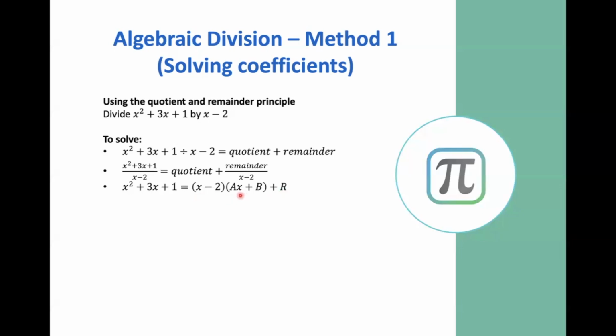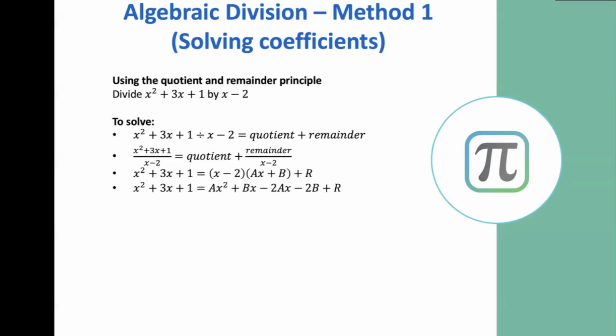So in this example, we have ax plus b, and these are like placeholder numbers. We may not necessarily have x to the power of 1 and x to the power of 0 in the final result, but we're just putting placeholders in here for now. But you would guess that if you have x squared divided by x, you're going to have x to the power of 1 in your result.